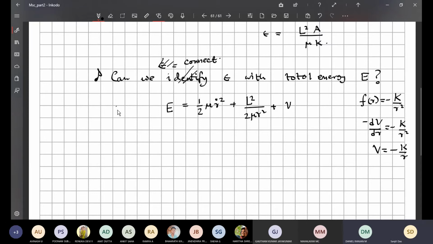Let me do it then. If you are thinking this is not difficult, already you know. So V is nothing but minus capital K u.